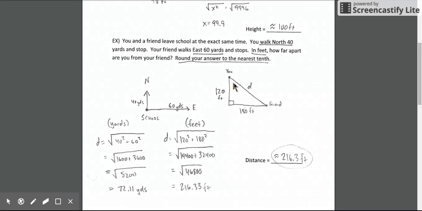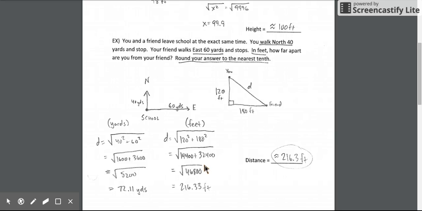And now we have our triangle problem, and we're solving for the hypotenuse, or the distance between these 2 points. So using feet, we could set it up. We know we're solving for the hypotenuse. So if we take the square root of the sum of the squares of our legs, then we can solve.